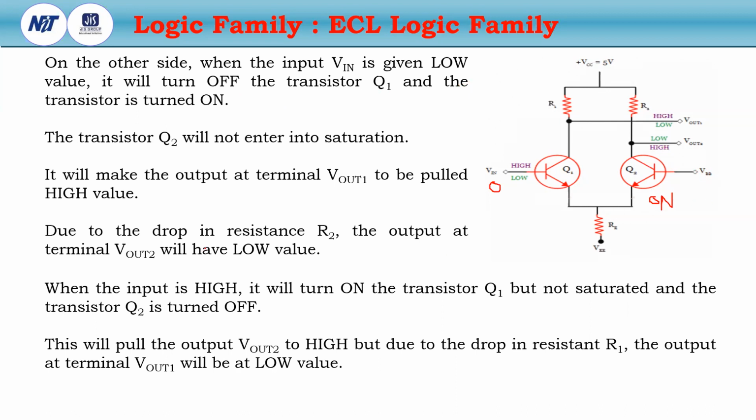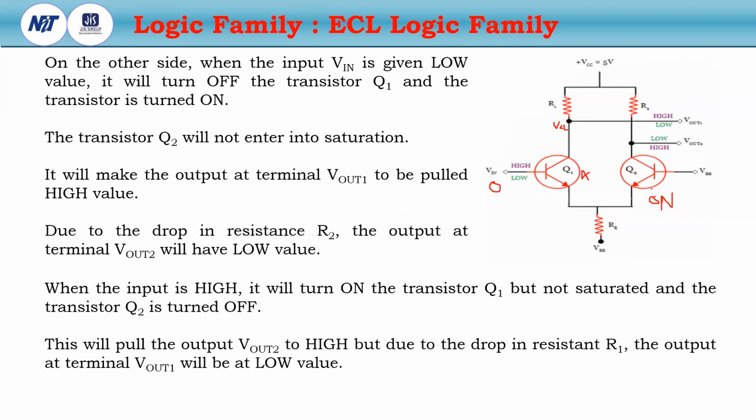So it will make the output Vout1 be pulled high, because this is cut off, so no current will be produced from VCC through it. So we will get Vout1 at VCC. But this other one is turned on.